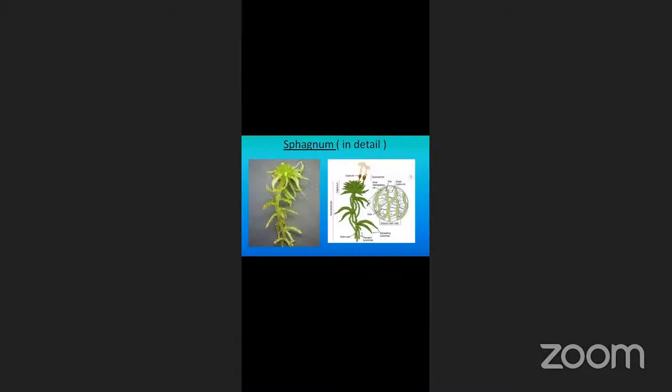So this is Sphagnum, right? Sphagnum external characters. Actually, before the Sphagnum plant develops, first the protonema stage develops. Protonema is the temporary stage.